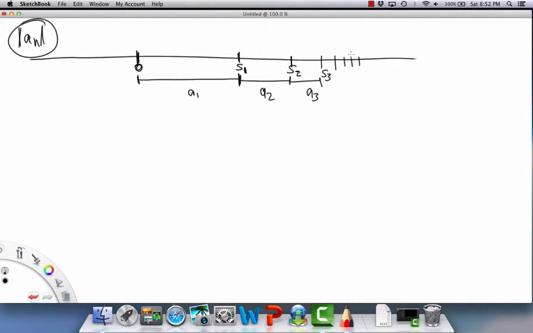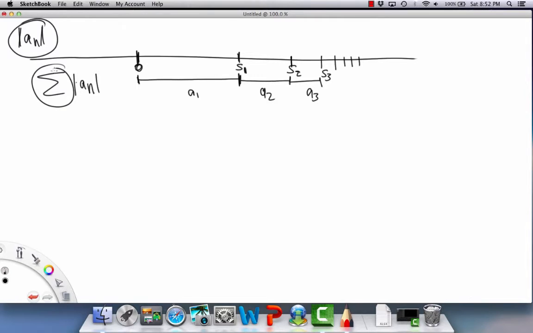So when we're taking the infinite sum of the absolute value of a sequence, we're adding the positive value of each successive term to the end to come up with the partial sums.